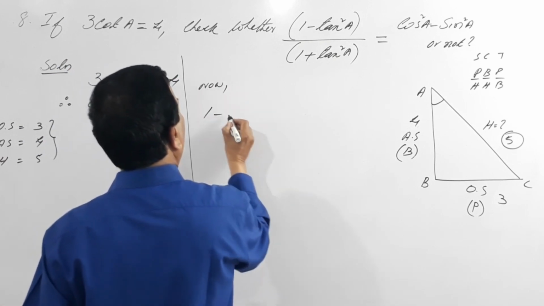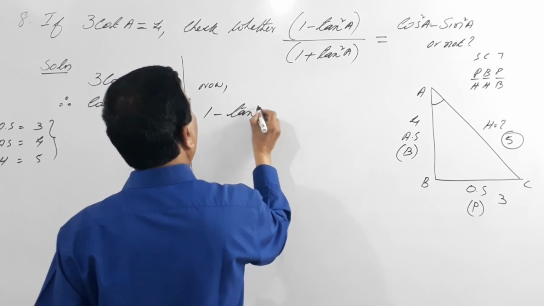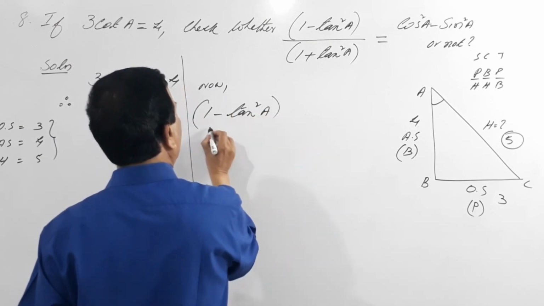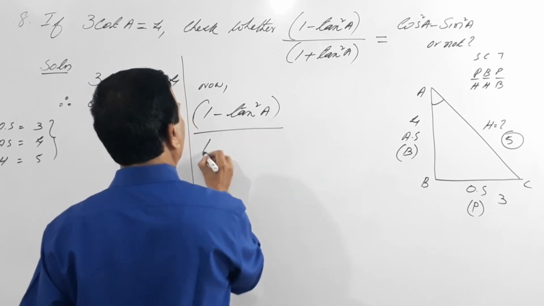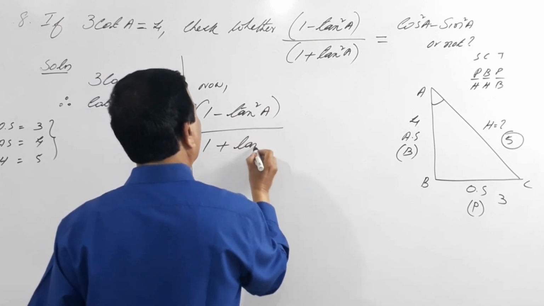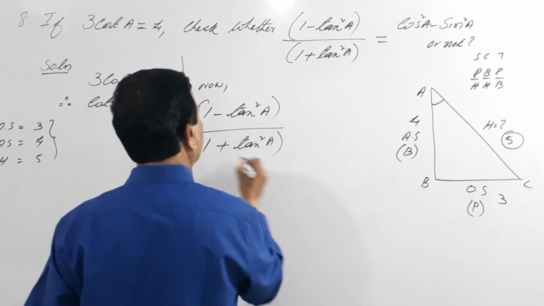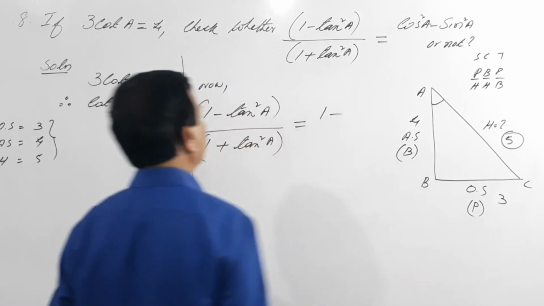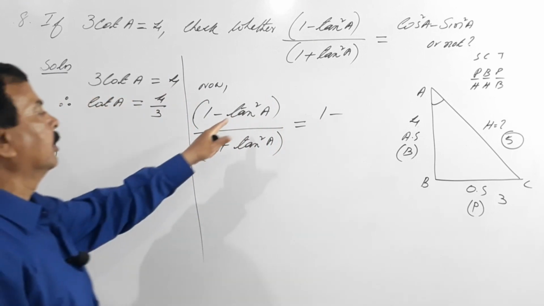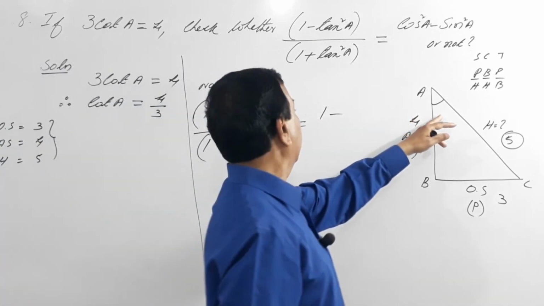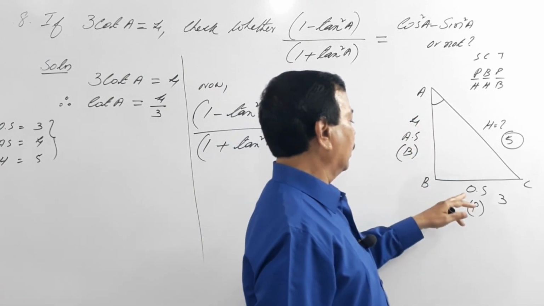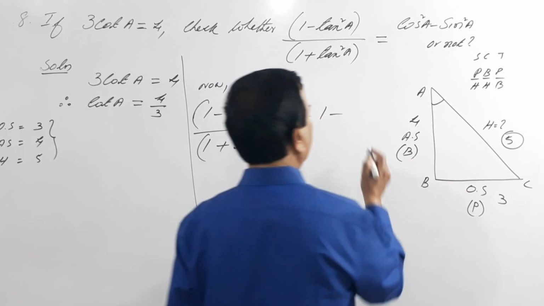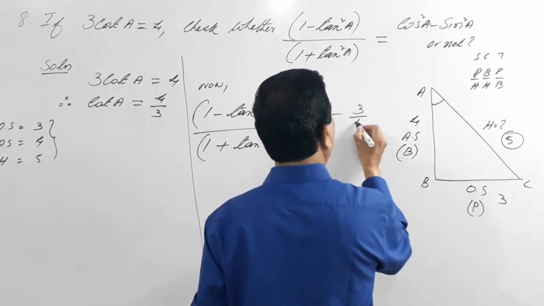Now 1 minus tan square A divided by 1 plus tan square A, right? What I will do? 1 minus, what is tan theta? Tan A is opposite by adjacent side, that is 3 by 4.